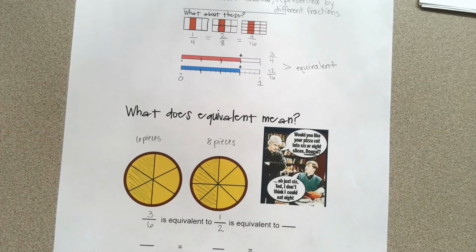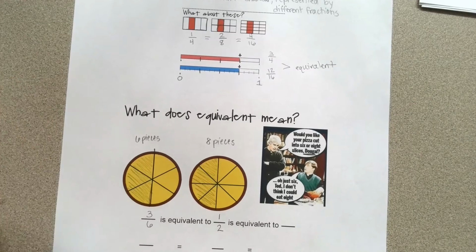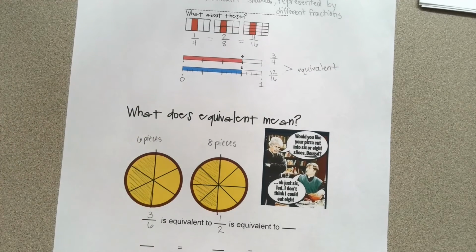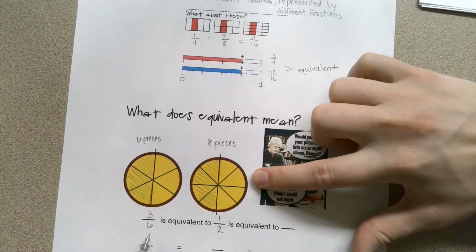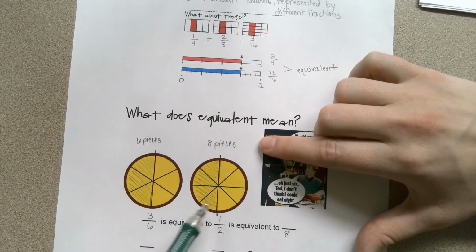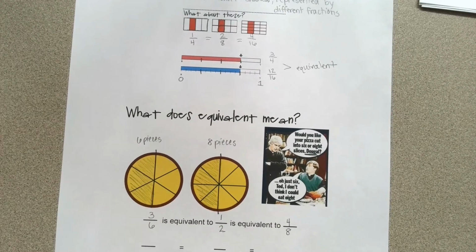If we split it up this way instead, just down that line, and the same thing for this one, then when we compare, this second pizza isn't out of 6 pieces, it's out of 8 pieces. And we have 1, 2, 3, 4 of them that Dougal is going to be eating. So there are 4 out of 8. But we know that also half of this pizza is shaded in.